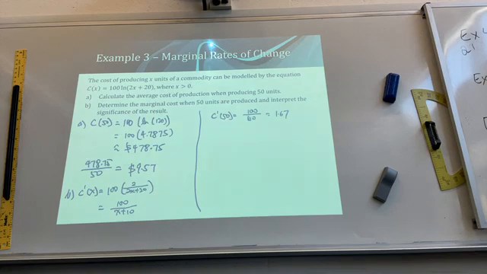So you need to work out what C' is at that rate. When it is 50, it is 1.67. So what does it mean? It means the cost of producing the 51st unit is $1.67. So that's a marginal cost, the marginal cost of producing one extra unit.